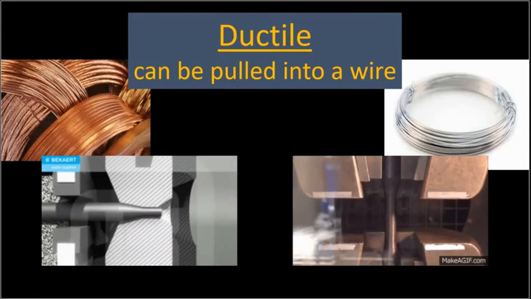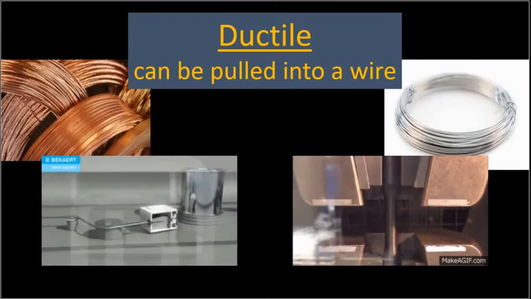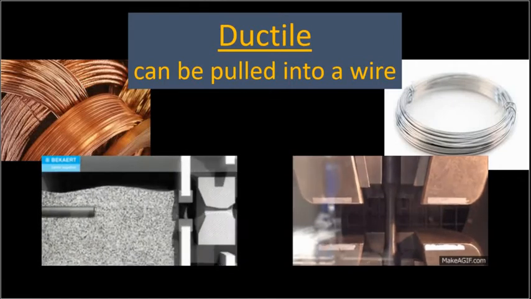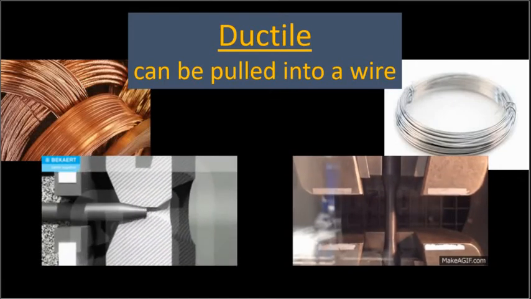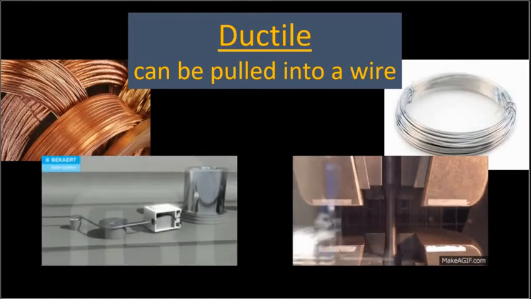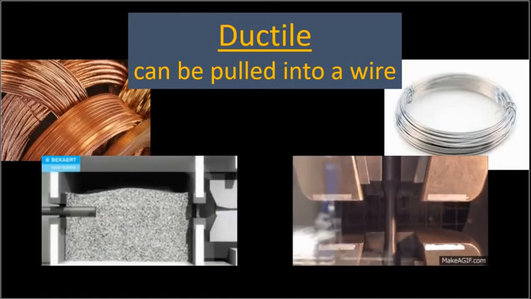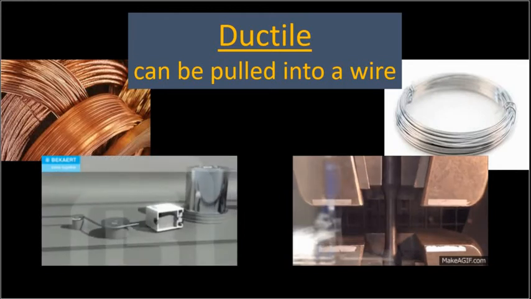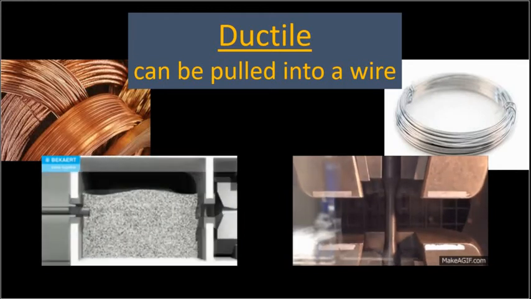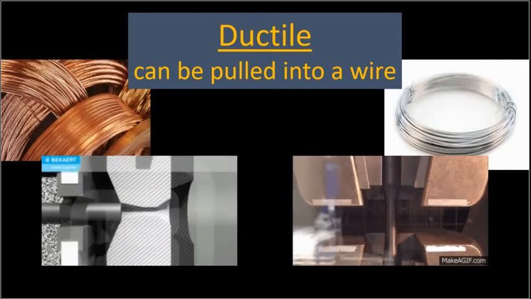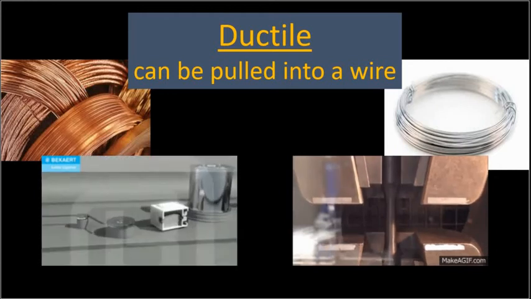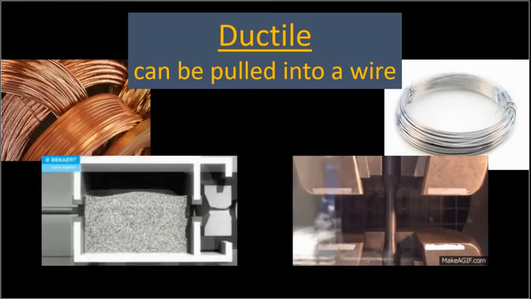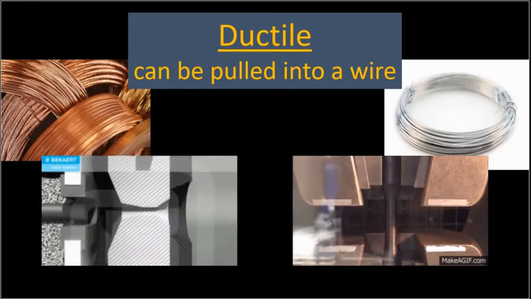Now, this machine right here is actually used to test how ductile a particular metal is, because they want to make sure for industries that it has a certain amount of ductility. You can see it's literally like it's stretching it like it's a rubber band. But what they're doing is they are pulling this metal and having it come into this shape of a wire.